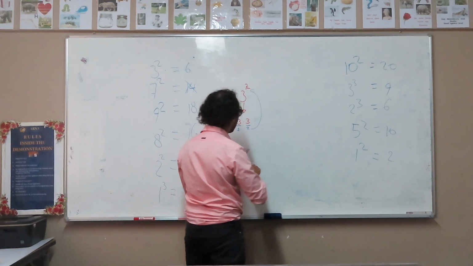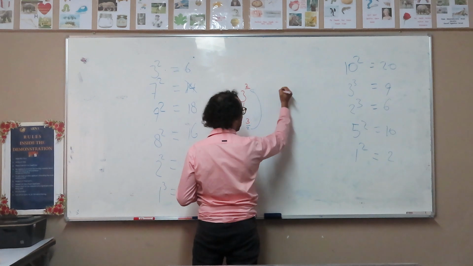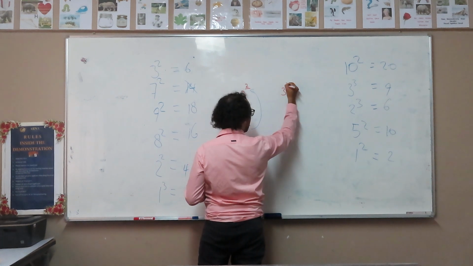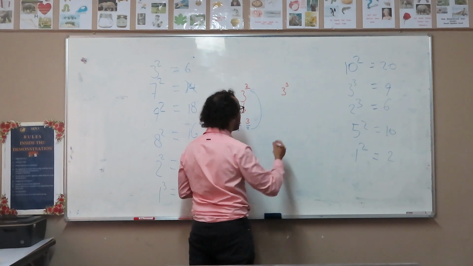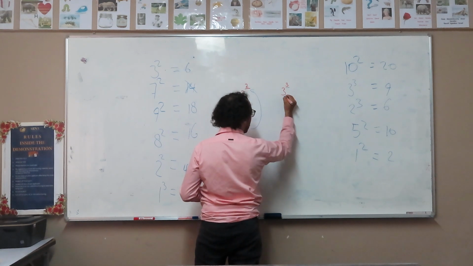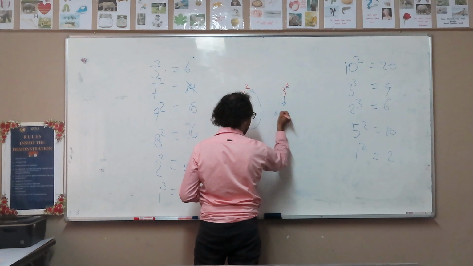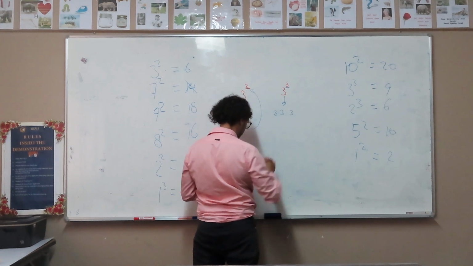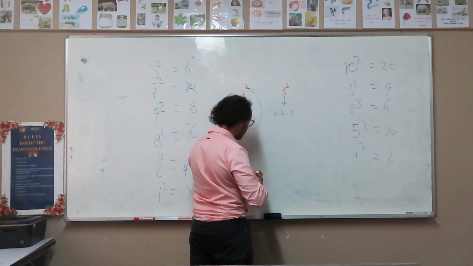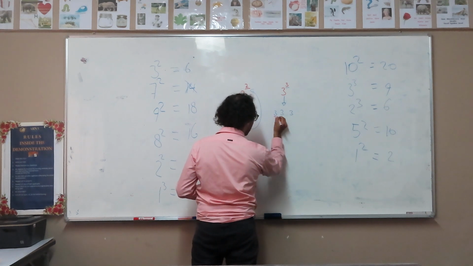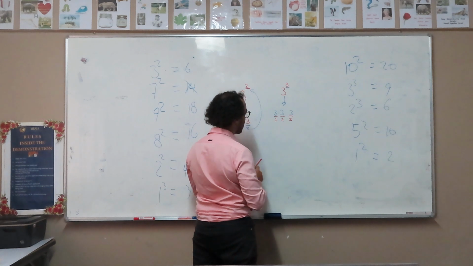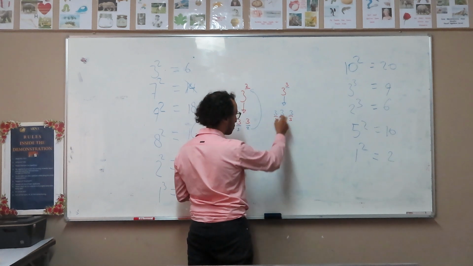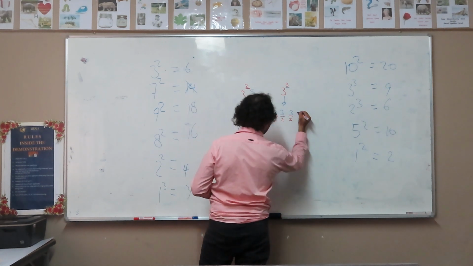If we have another example, let's say 3 to the power of 3, it means that we have to multiply it 3 times. 3 multiplied by 3 multiplied by 3. And that is 1, 2, 3. So 3 multiplied by 3 is 9, multiplied by 3 is 27.